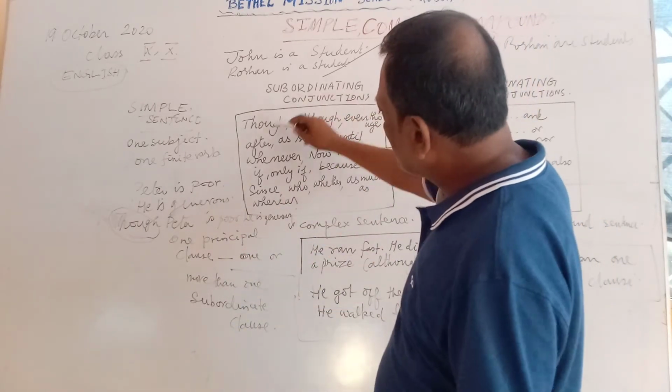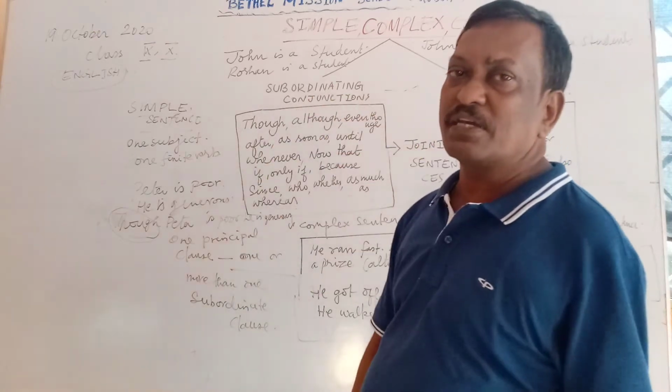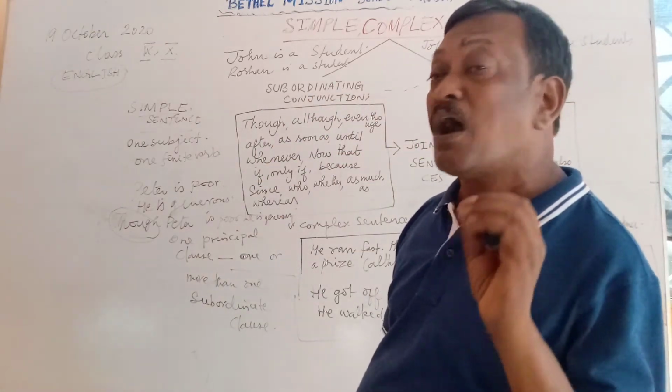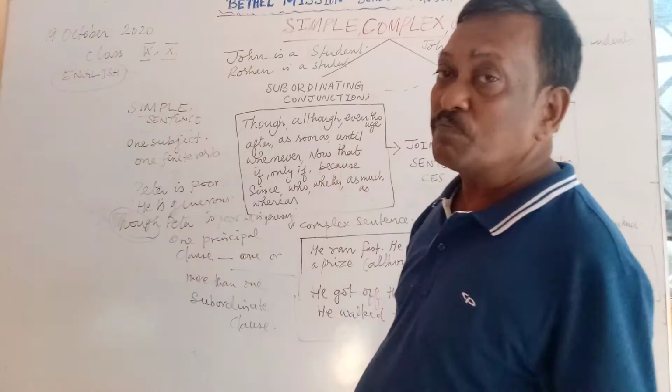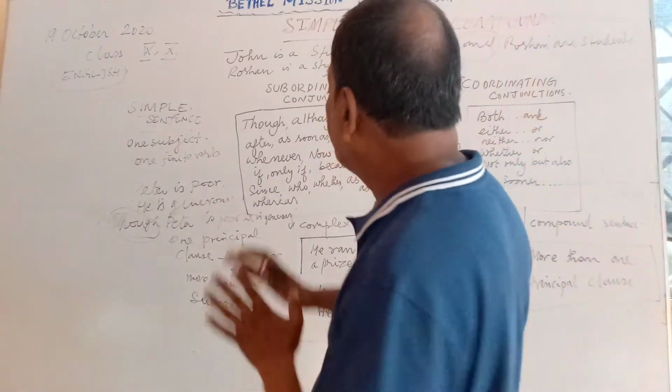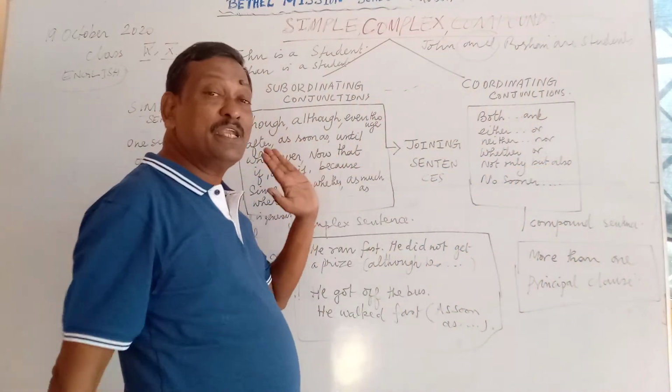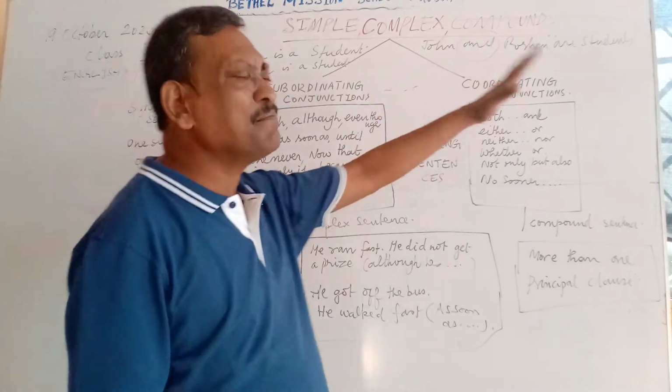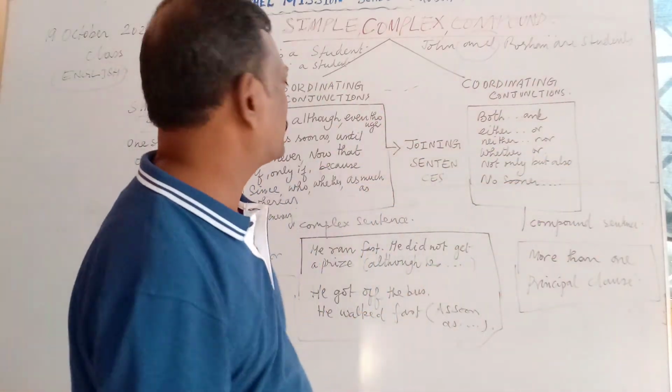These are some of the commonly used subordinating conjunctions. So, we need to focus on the subordinating conjunctions first. We'll come to the coordinating conjunctions afterwards.